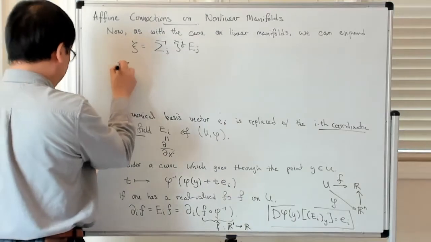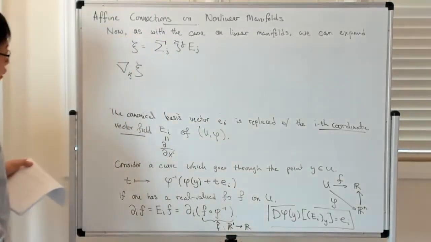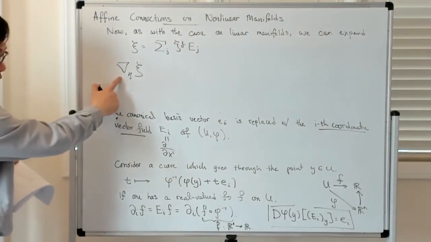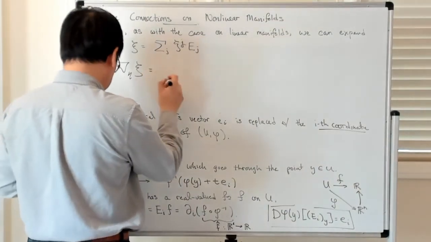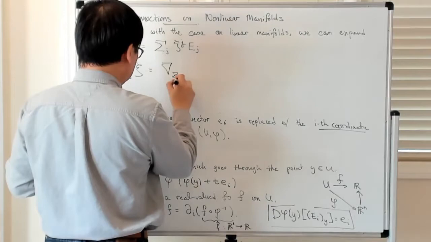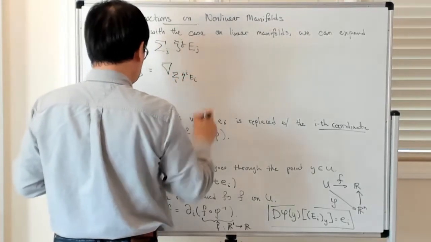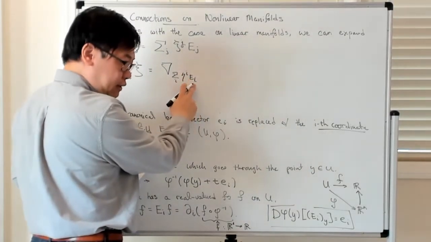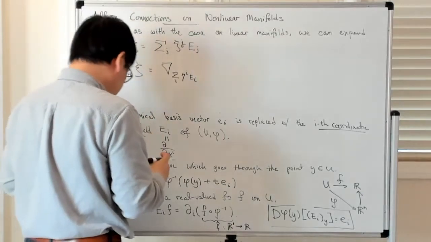So as before, when you write this arbitrary action of the nabla affine connection with this pair of coordinates, I can write it in terms of this expansion, now with respect to this i-th coordinate vector field, big E_i, right?